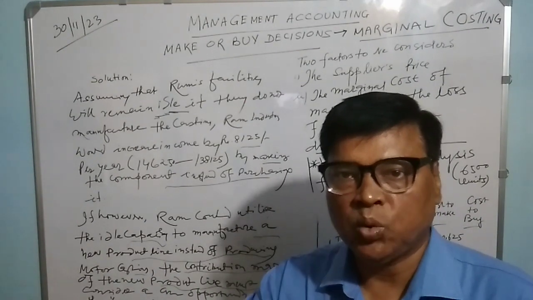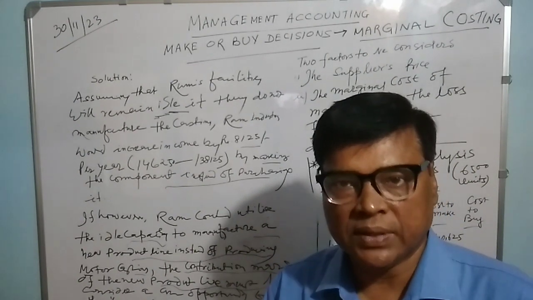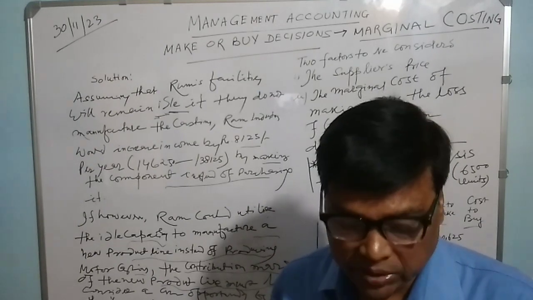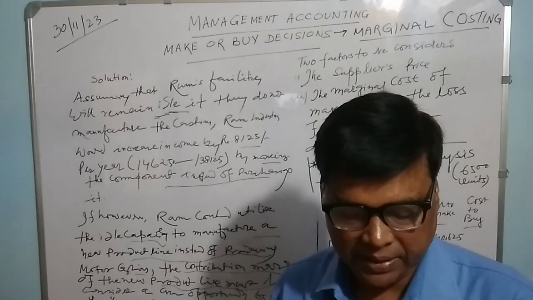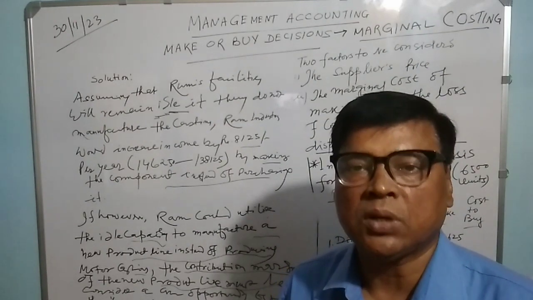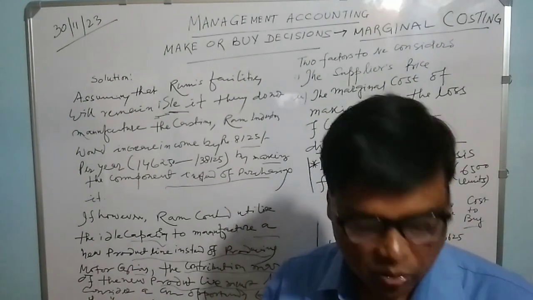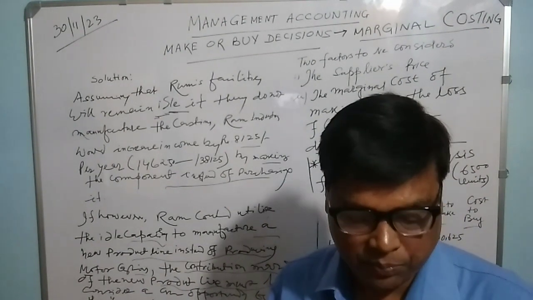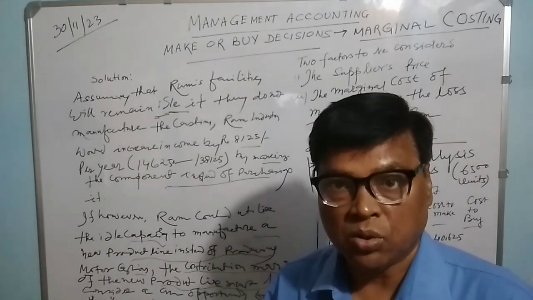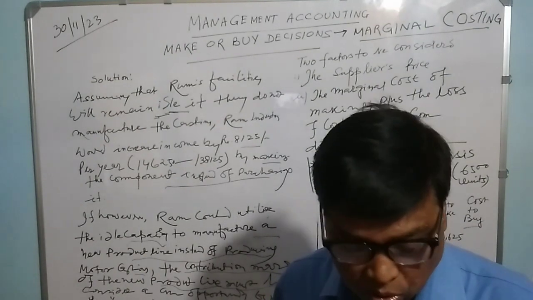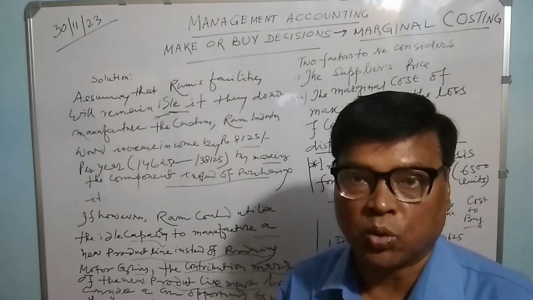You cannot do two options simultaneously, so one of the things you have to give up. The financial benefits that are foregone or sacrificed are known as opportunity cost. Either of the two you have to accept. Alternatively, it is the lost contribution or profit arising from the best alternative foregone.